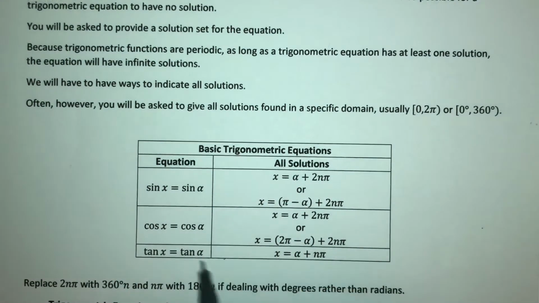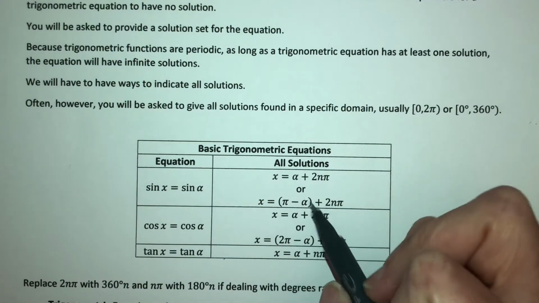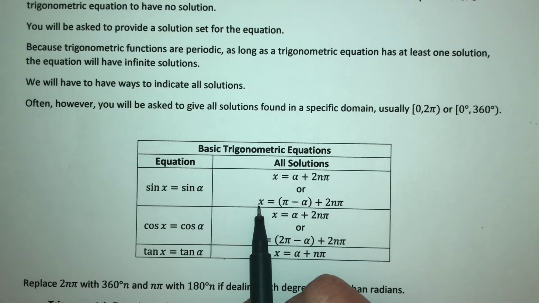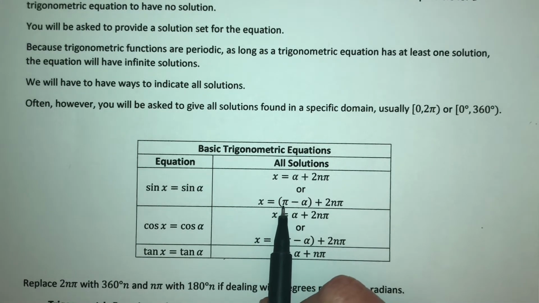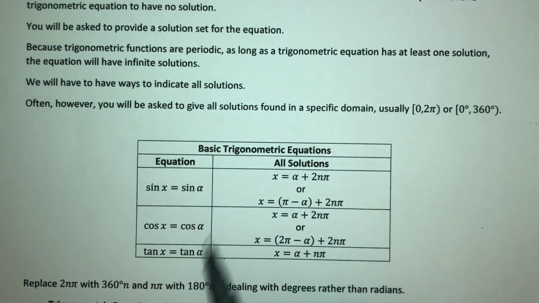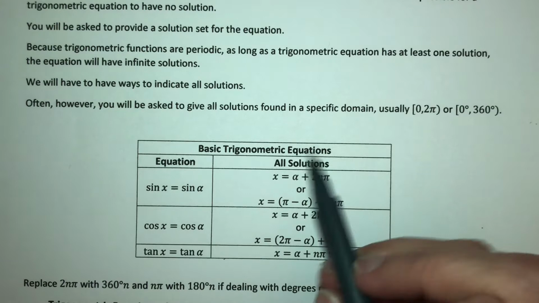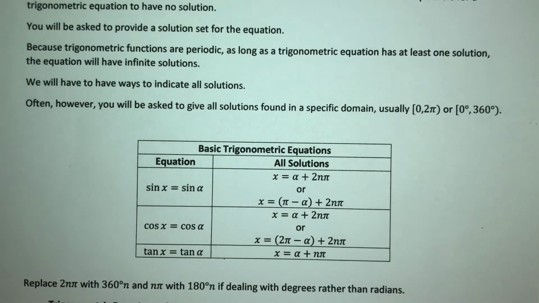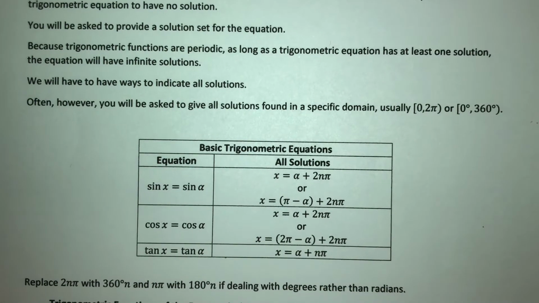But we also have some other possibilities. The other set of possibilities you would get from doing pi minus that alpha variable and then adding 2 pi to go around. That's because you have two quadrants that will give you the same value for sine. You have two quadrants that will give you the same value for cosine as well. And so this will be the adjustment to get us into that other set of solutions.